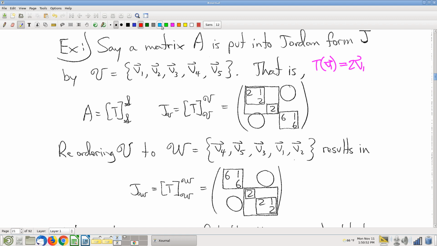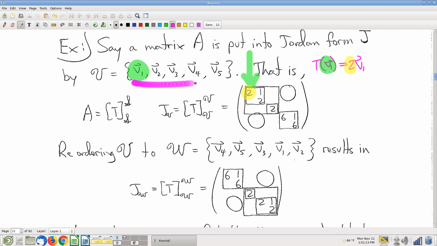Okay, so now just some real quick highlighting. We're looking at the first column, therefore I'm getting the image of the first basis vector. These coefficients here are what I'm multiplying by those same basis vectors.